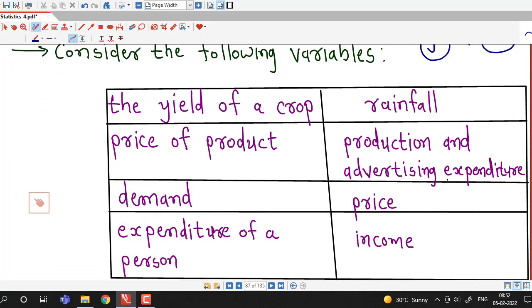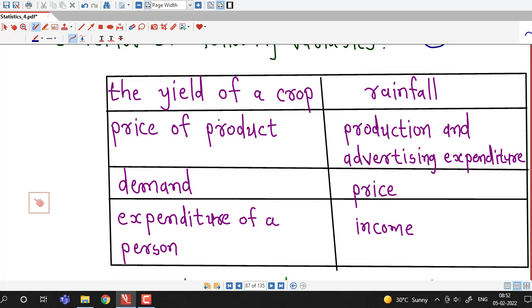For example, here I have written several variables. Suppose we denote this by y and this by x. So if we consider this first, the yield of a crop and rainfall, we know that these two can be considered as dependent on each other.